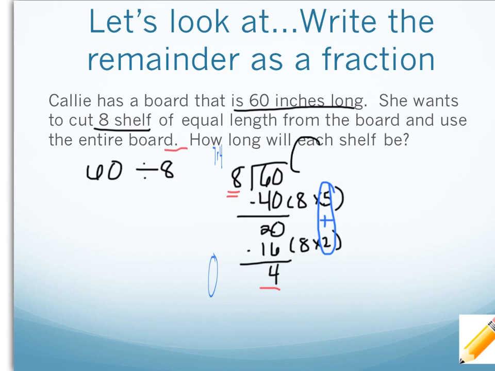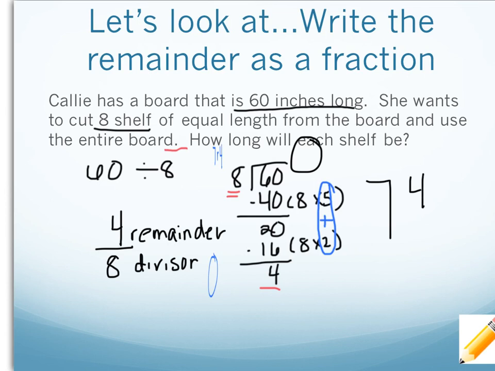In this case, my remainder goes over my divisor, giving me the fraction of 4/8, giving me a final answer of 7 4/8. Each shelf will be 7 4/8 inches.